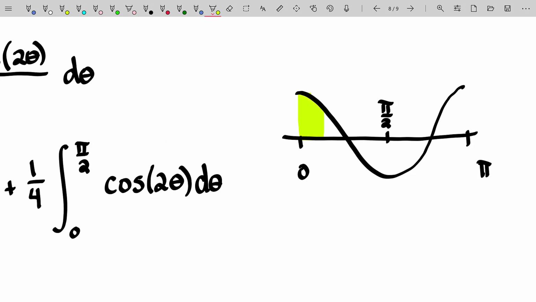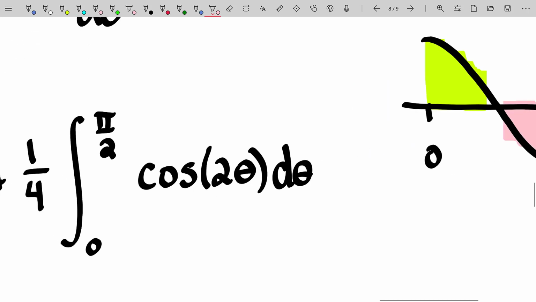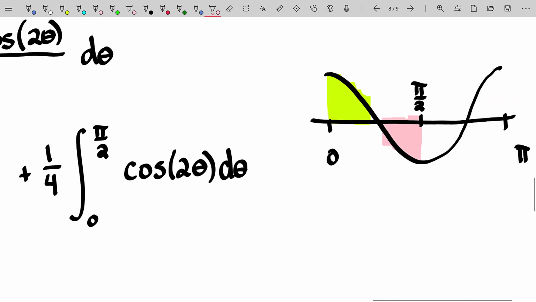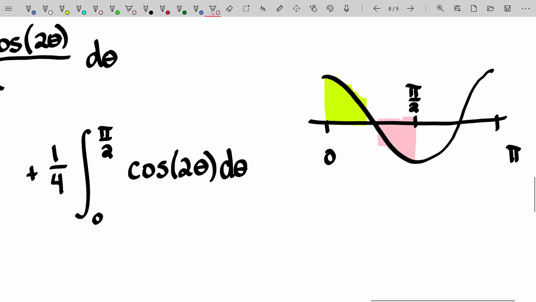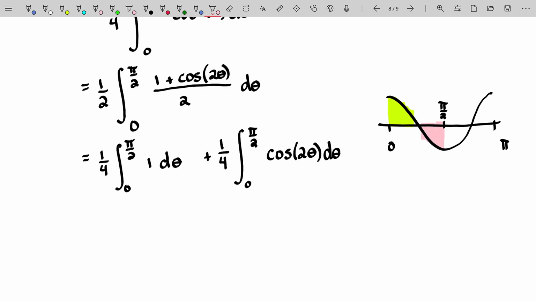Now take a look at that function. The area up here and the area down here are the same. They will cancel each other out. So I know the integral from 0 to pi over 2 of cosine of 2 theta is just going to be 0. I don't actually have to compute anything. And that is a very powerful tool.